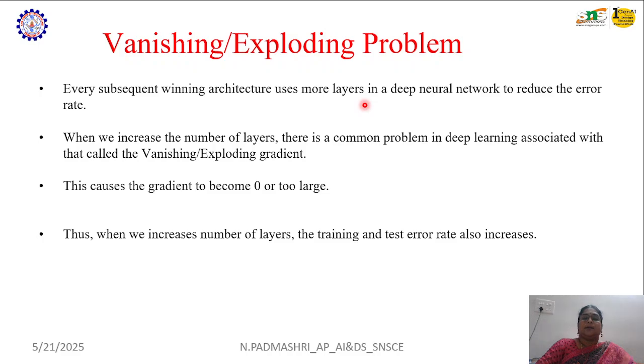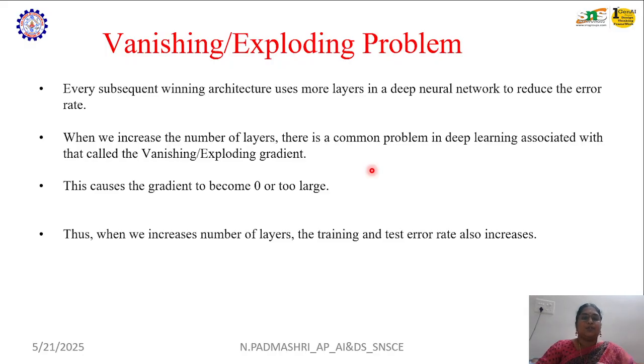Many people may not understand what this vanishing problem is. As I said, the convolution network will have many layers, like thousands of layers. When you increase the number of layers, there will be a drawback: it affects the performance of the neural network.